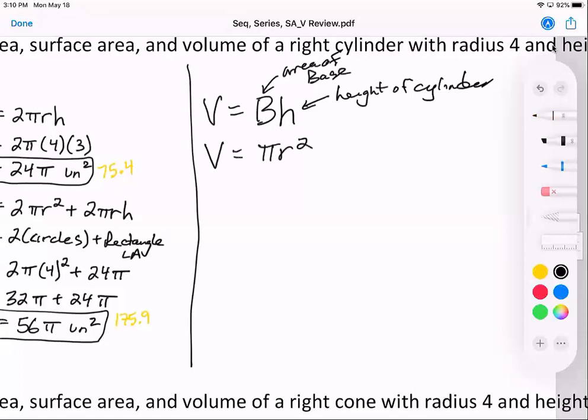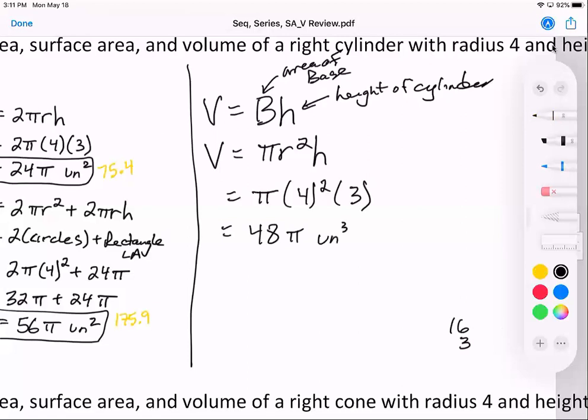That's the area of the circle, which is the base, times the height. The radius is 4, and the height is 3. So that would be 16 times 3. 16 times 3 is 48. 48 pi. And the units would be cubic units, since it's a volume.